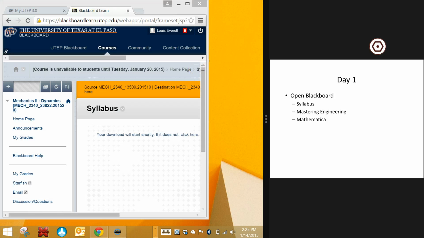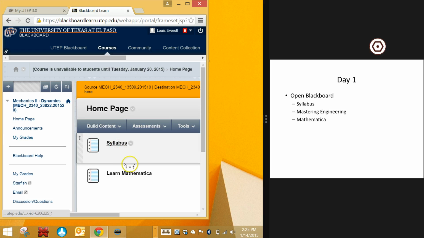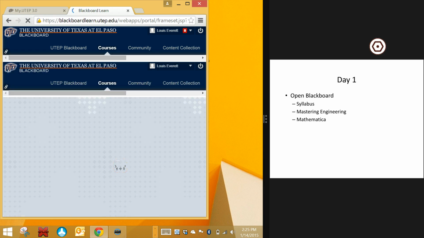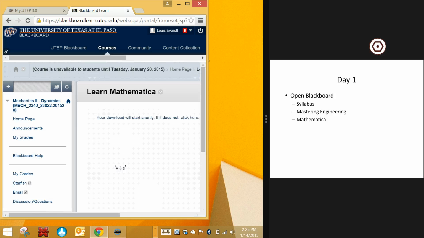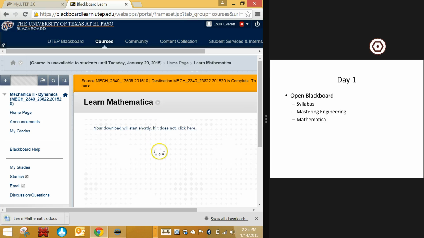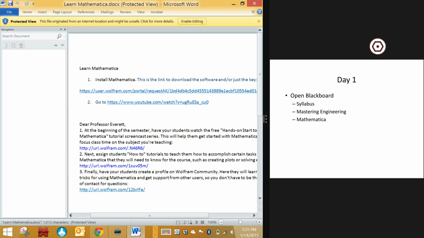Okay, in addition to the syllabus, the Blackboard talks about a program called Mathematica. Mathematica is a nice program that does mathematics for you, and it's free to UTEP students. You can download it on your personal computer at home.